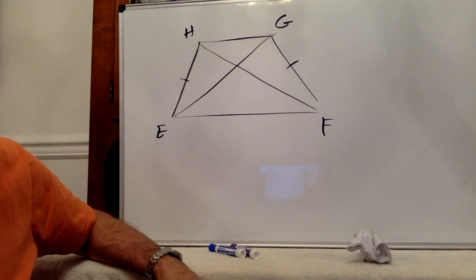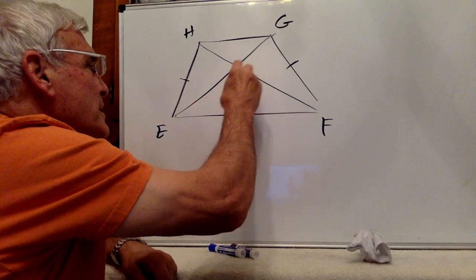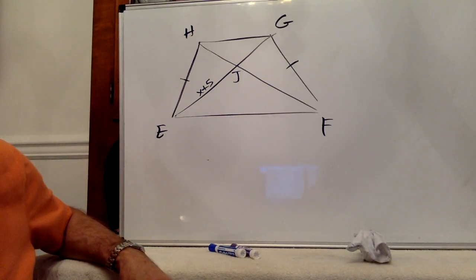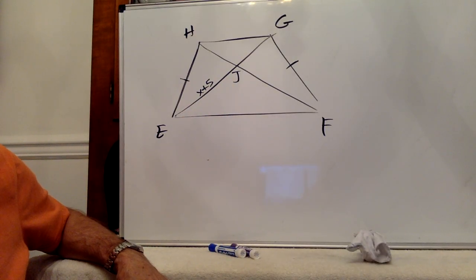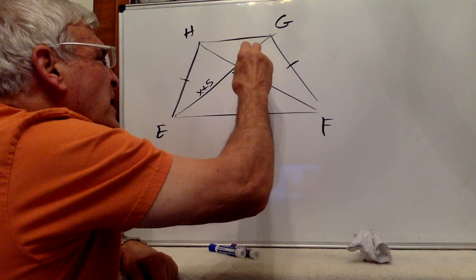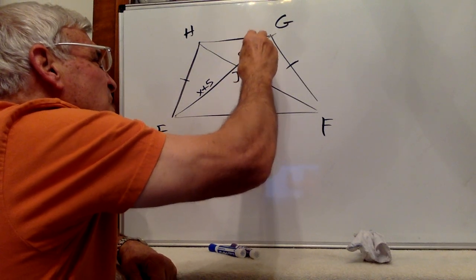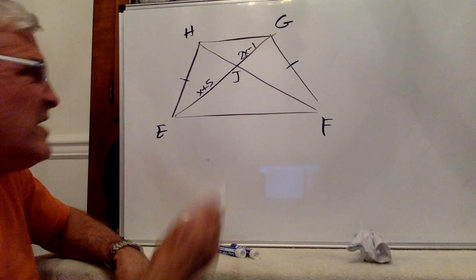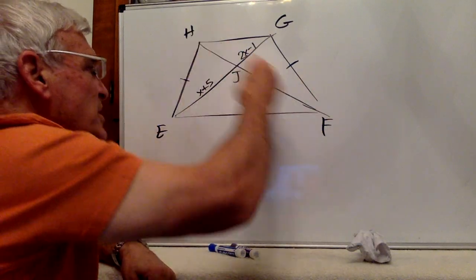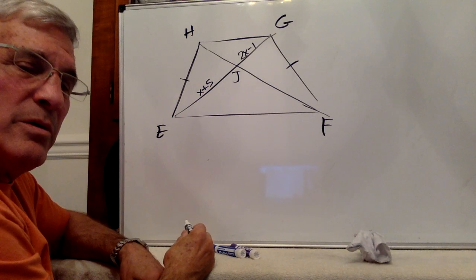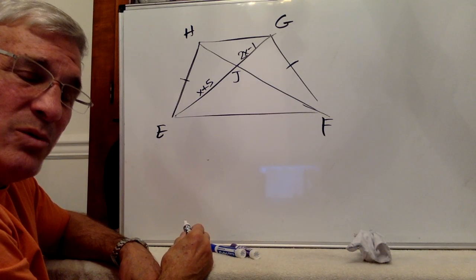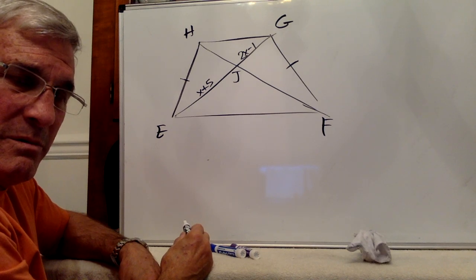They told you that EJ was x plus 5, this being J, and they told you that JG was 2x minus 1, and they told you that HF, this whole diagonal, is 13. Well, one of the properties of isosceles trapezoids was the diagonals are congruent.